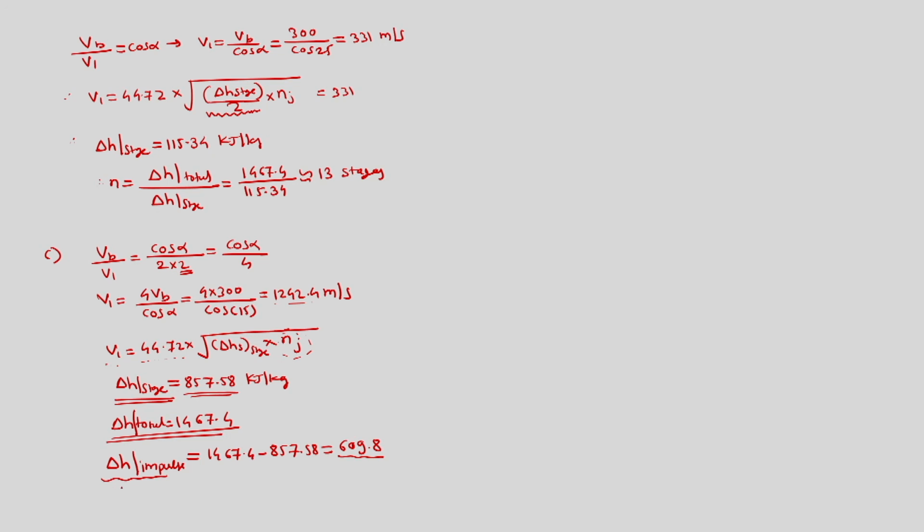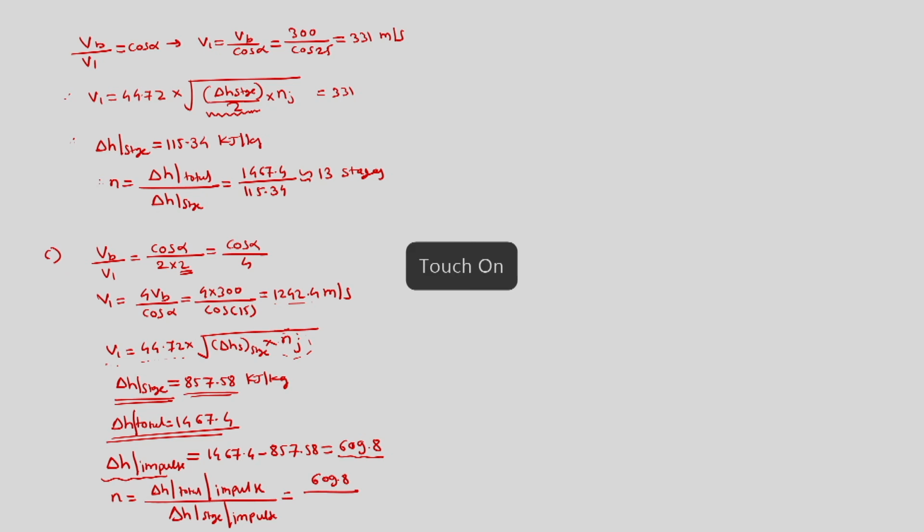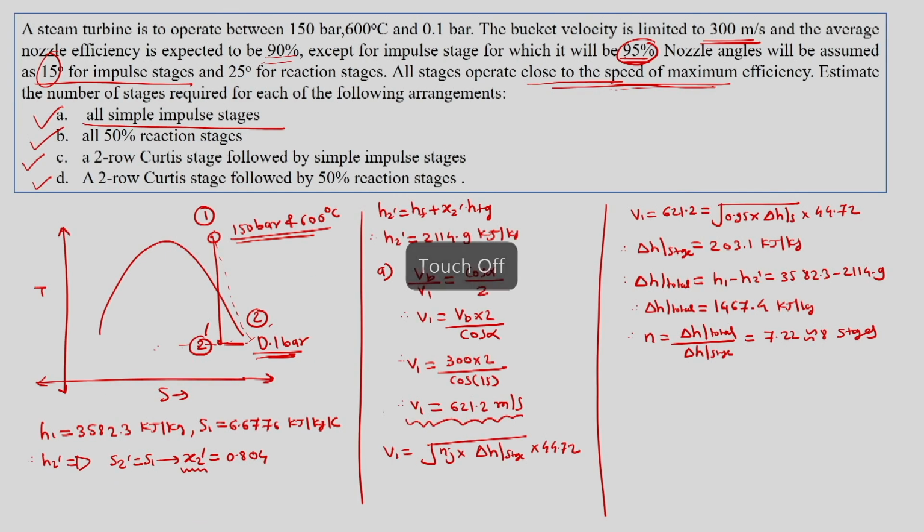So we have to find the number of impulse stages. The number of impulse stages is equal to delta H total for impulse divided by delta H stage for impulse. So we have 609.8 divided by 203.1, which we found earlier as delta H stage for impulse.